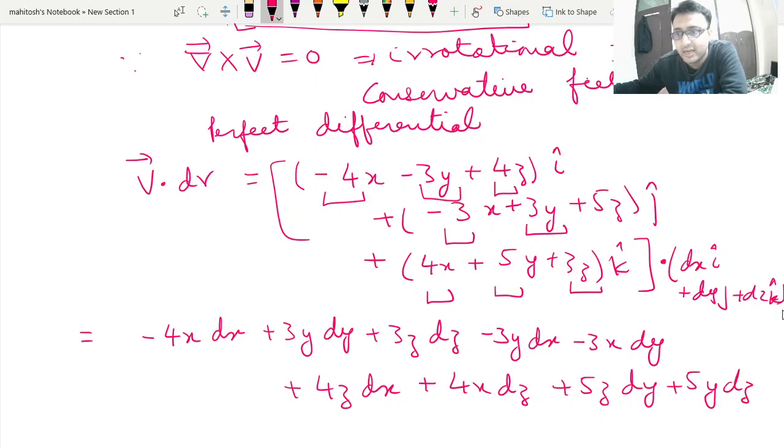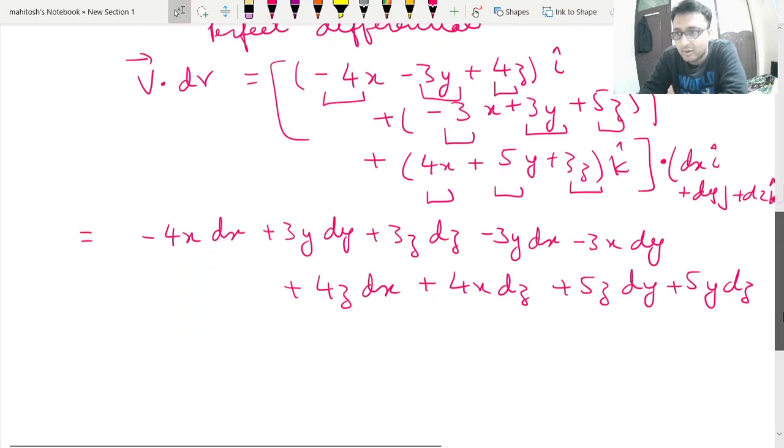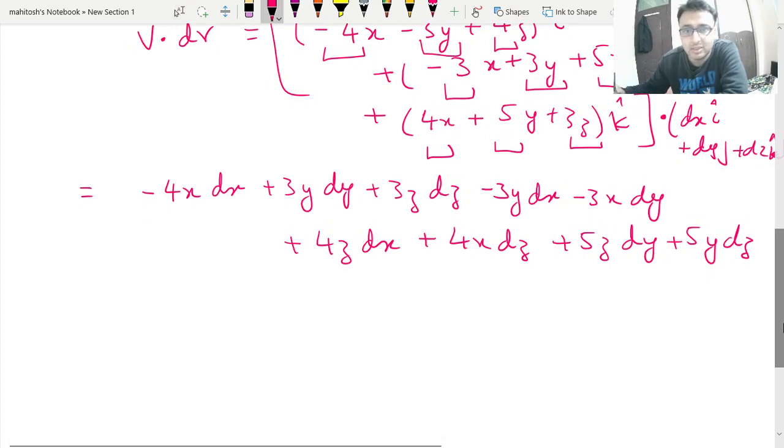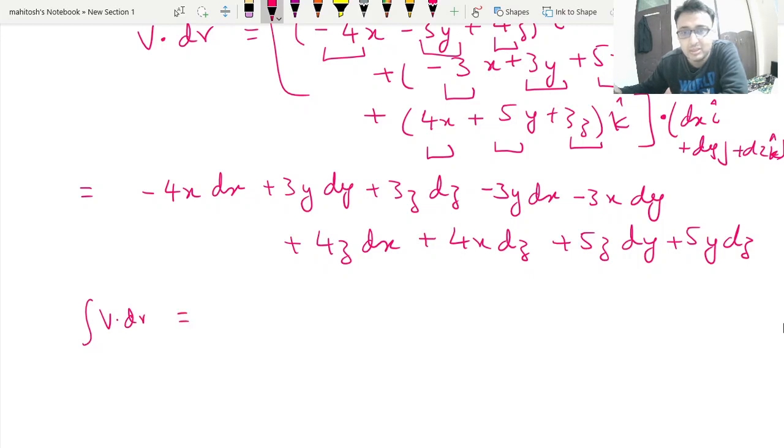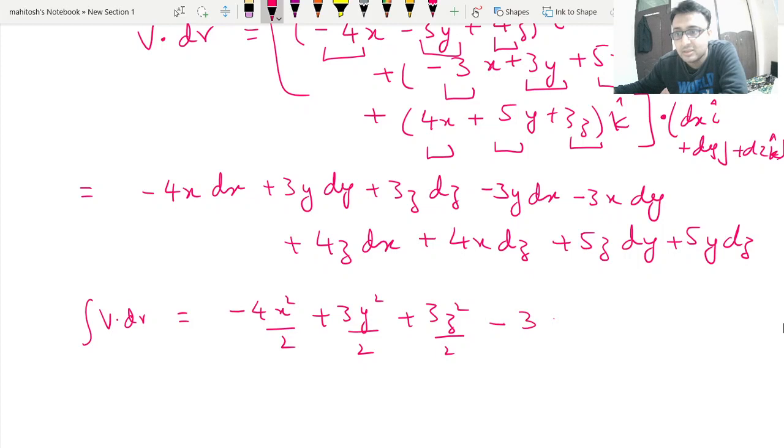So you can see I have factored in all of those terms, and I know beforehand that all of them are exact, so I will club them together and I'll integrate this V dot dr, which is nothing but minus 4x square by 2 plus 3y square by 2 plus 3z square by 2, and these are very standard results, minus 3xy, plus 4xz plus 5yz.